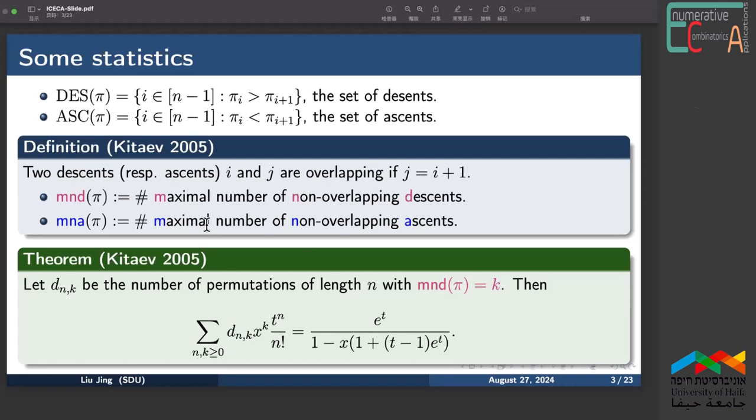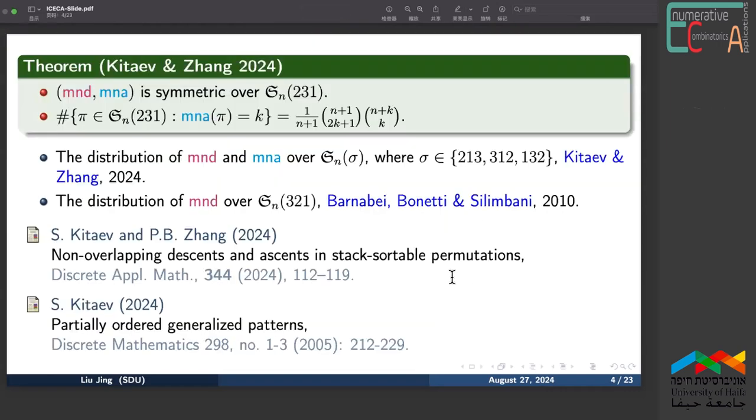MNA denotes the maximum number of non-overlapping ascents, and they provide this generating function for MND over all permutations by using partially ordered generalized patterns. Recently, in collaboration with Jing, they proved that MND and MNA are symmetric over 231-avoiding permutations and derived the counting formula for MNA. This formula refines the Catalan numbers.